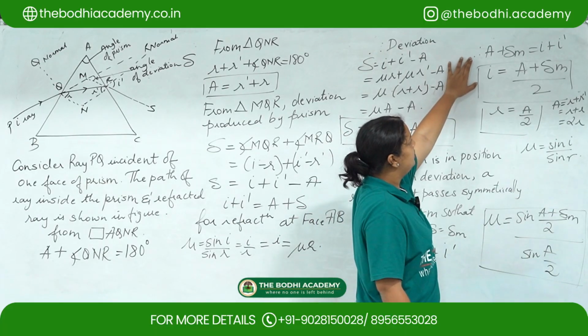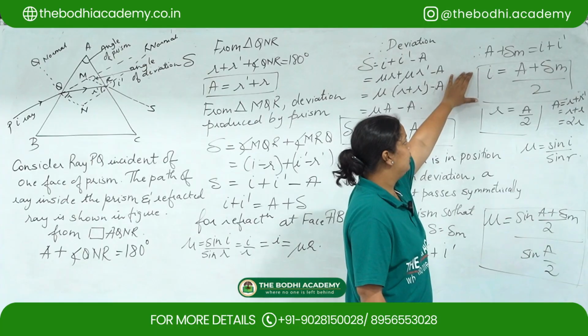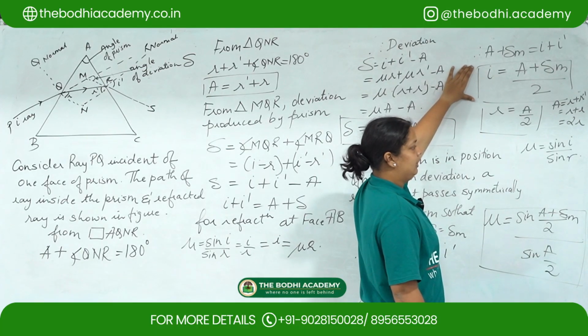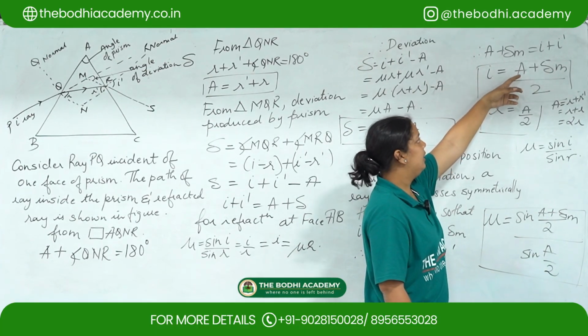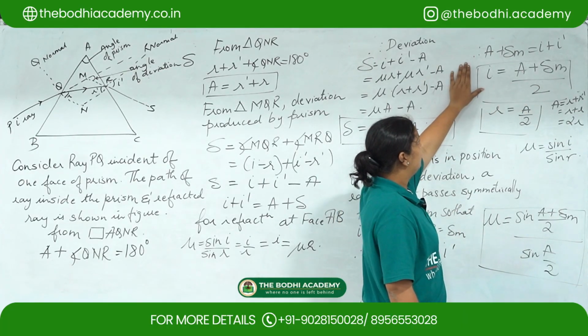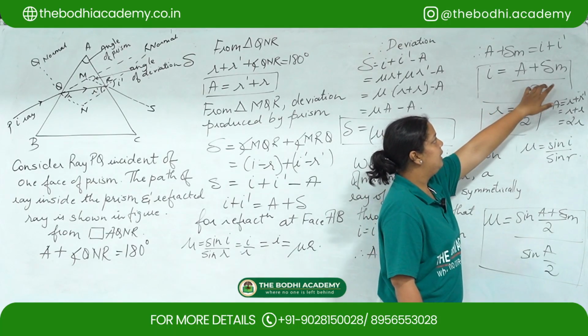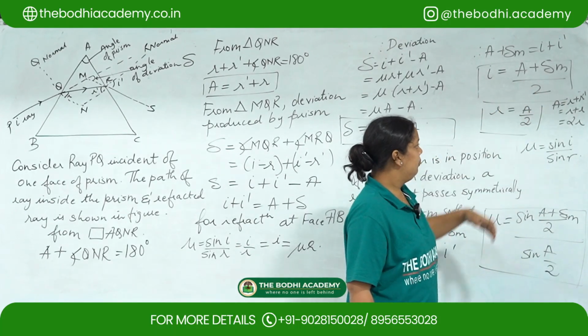So A plus delta M is equal to i plus i dash. Keeping i on one side, i plus i dash is going to be i plus i because they are equal. So we get 2i. So i is equal to (A plus delta M) upon 2.